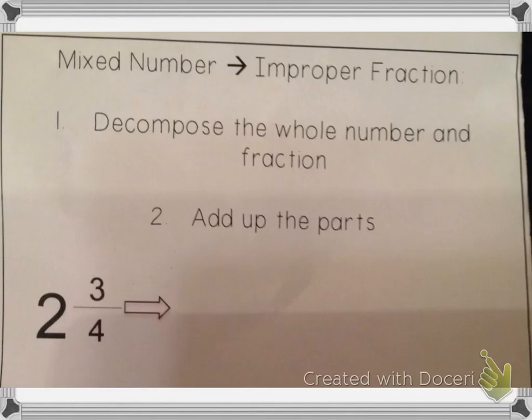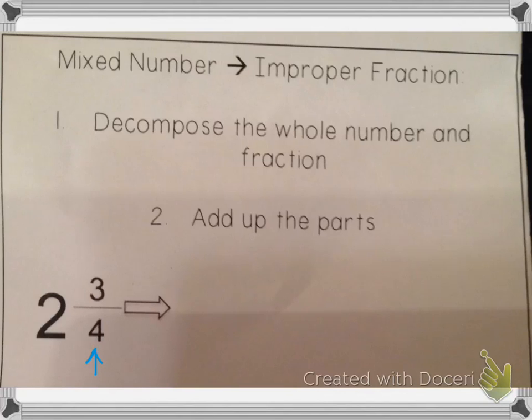So if we look at this fraction, we have 2 and 3/4. So it's a mixed number, has a whole number and a fraction. So think about what we know about a fraction. Our denominator is 4. So we want to get an improper fraction that has 4 as a denominator.